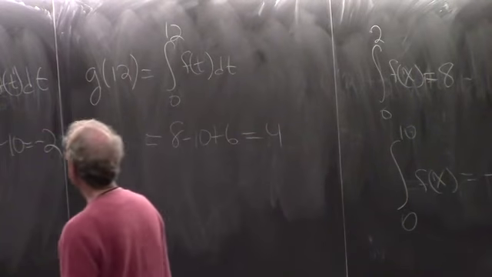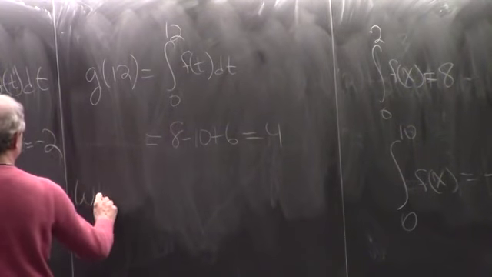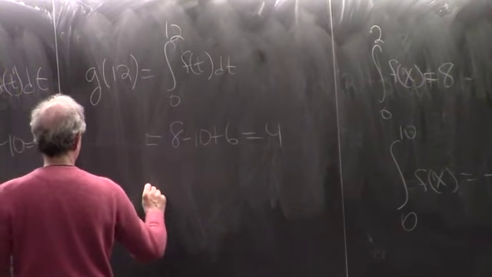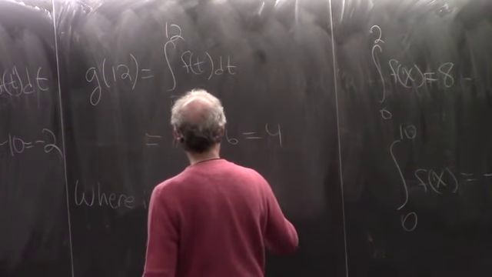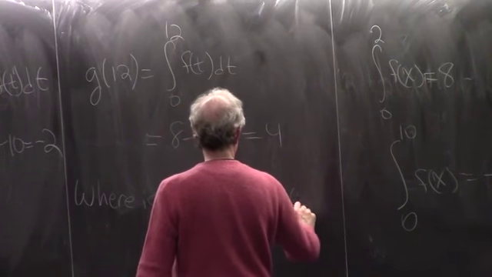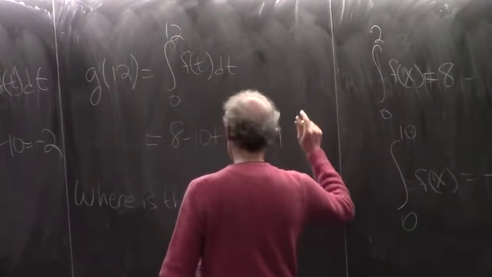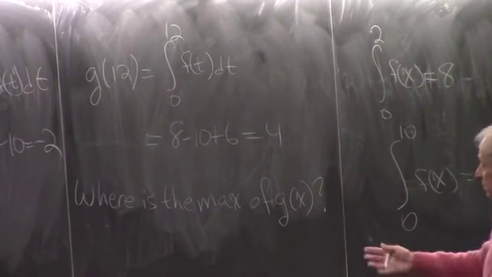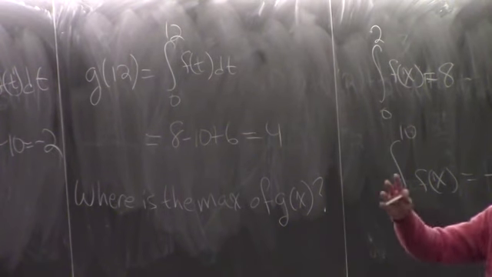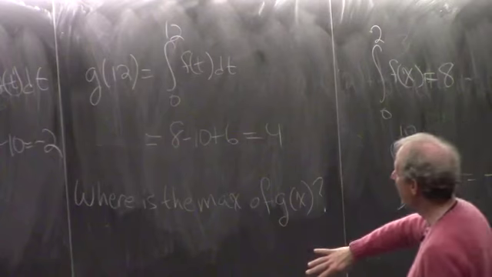So now what if I said, what is the maximum? Where is the maximum? What value of x is the maximum? 5. At 5. Because that's when you had the biggest positive area. Now you subtract.